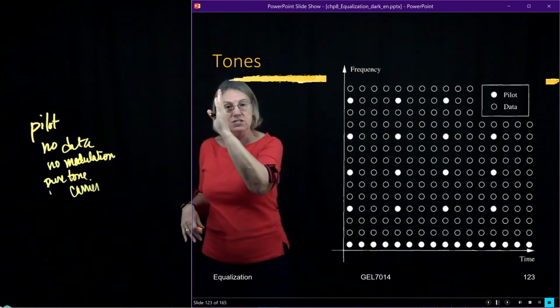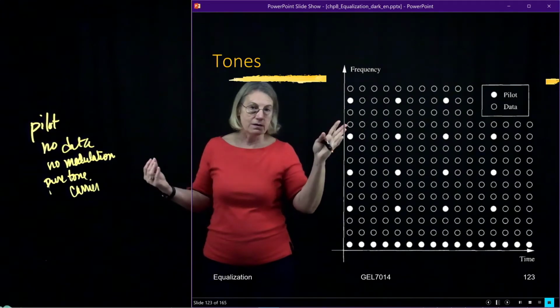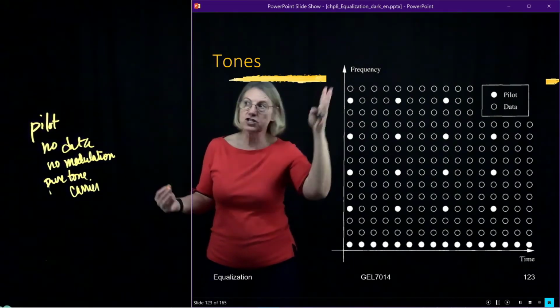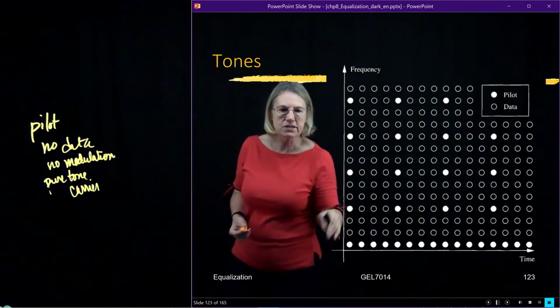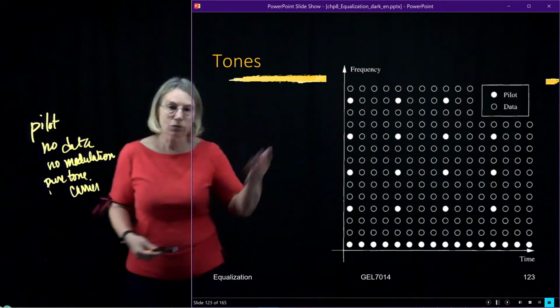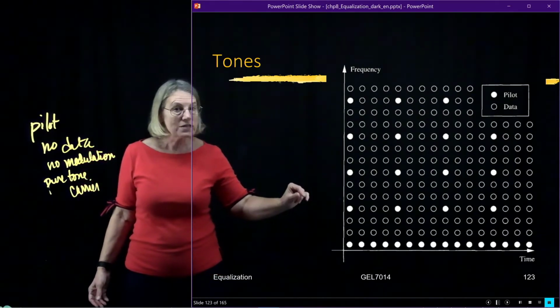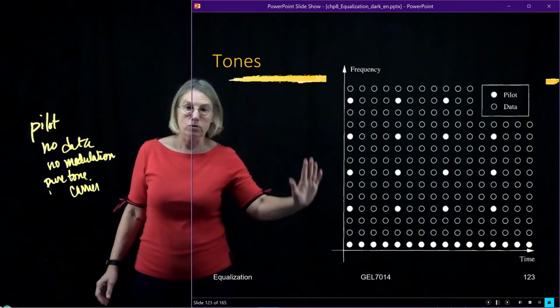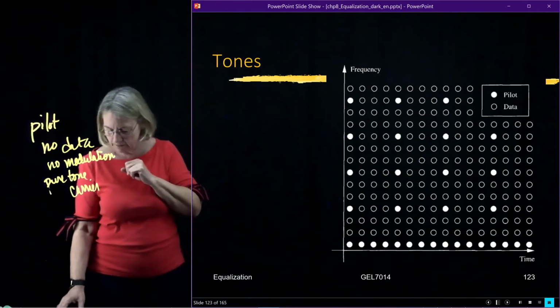It's not changing from one phase to the other depending on which coefficient in the constellation I'm sending. It's constant, so it's very easy to read. So I can directly read at the receiver what the attenuation was, if there was some, and what the phase rotation is, if there was some, on this particular channel.